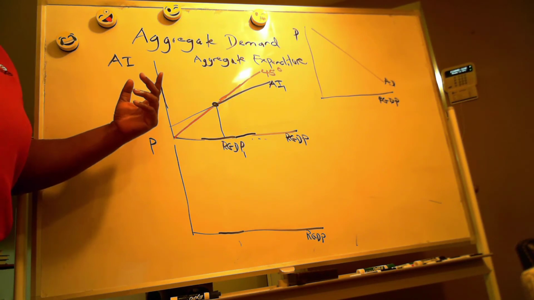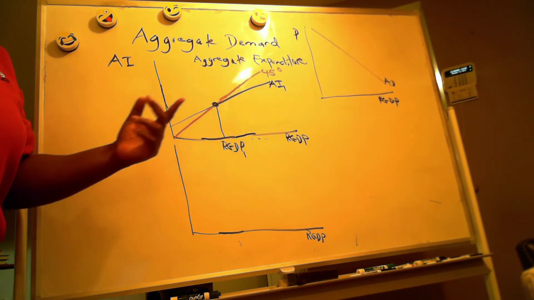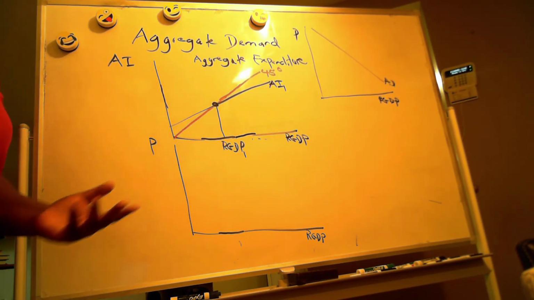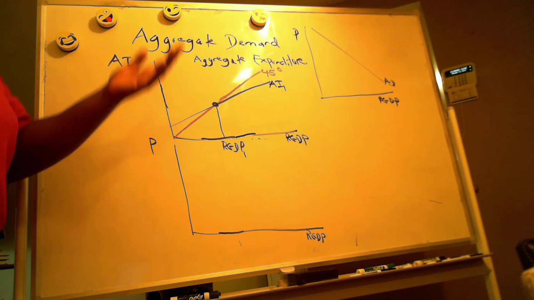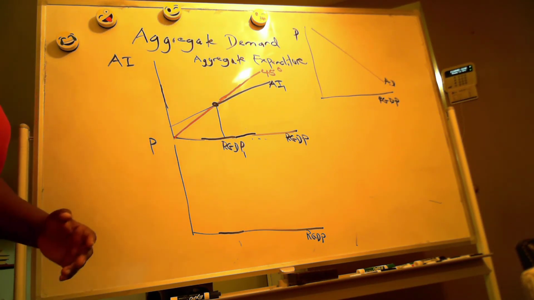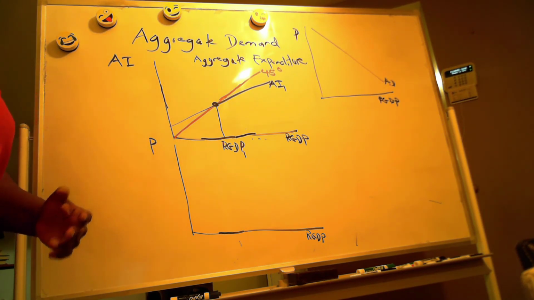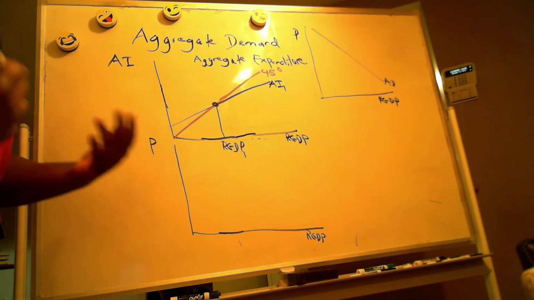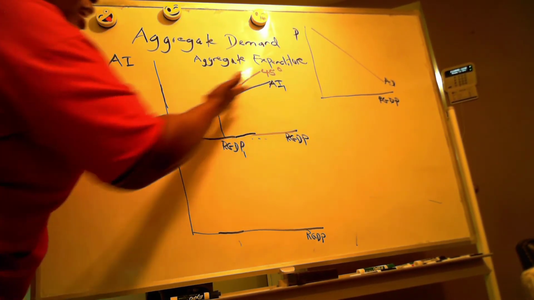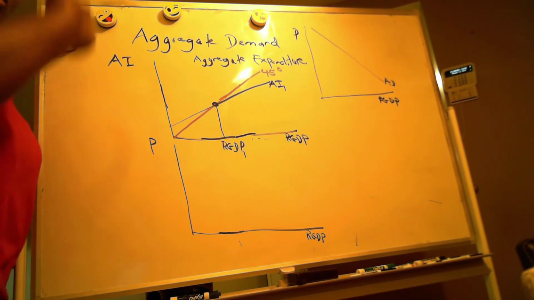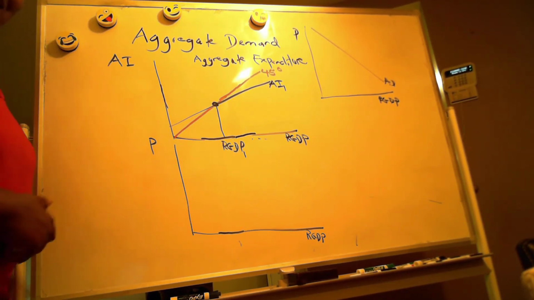So the only way this aggregate expenditure can exist is if we know the prices. Imagine if you went into Starbucks and all you saw was all those delicious drinks and no prices. You wouldn't be able to easily consume all of that. So this aggregate expenditure has to take into consideration prices.